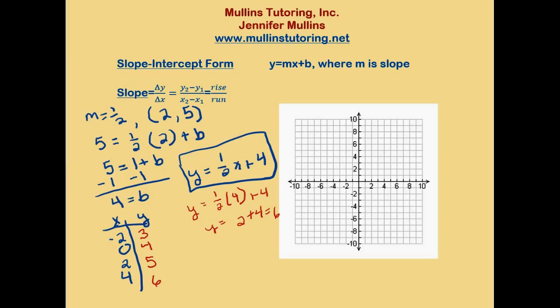So when x is -2, y is going to be 3. When x is 0, y is going to be 4. When x is 2, y is going to be 5.